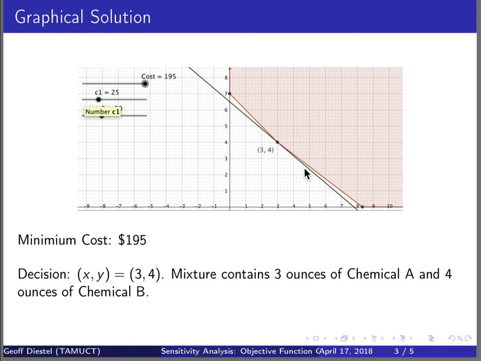This suggests a higher sensitivity, because if we change the slope of this line just a little bit, we might be changing the optimal decision from (3, 4) to possibly this point up here, which is saying don't mix the chemicals but keep them separate, and let's dispose of a certain amount of chemical B but not A, and then this point down here is just A and not B.